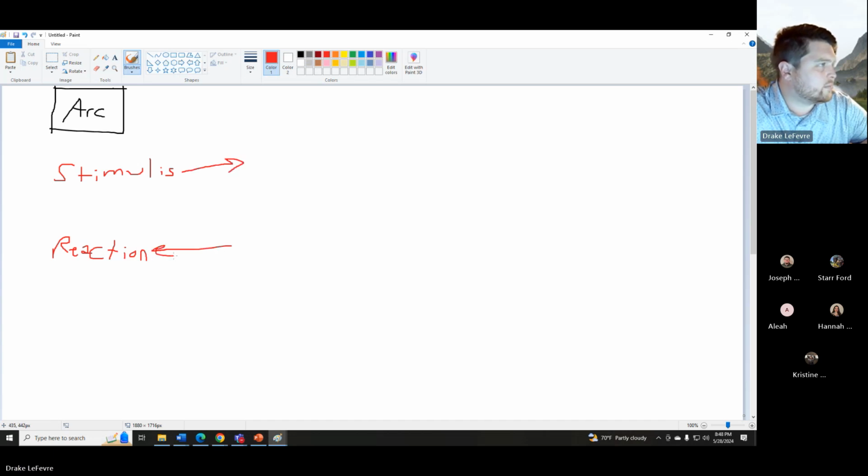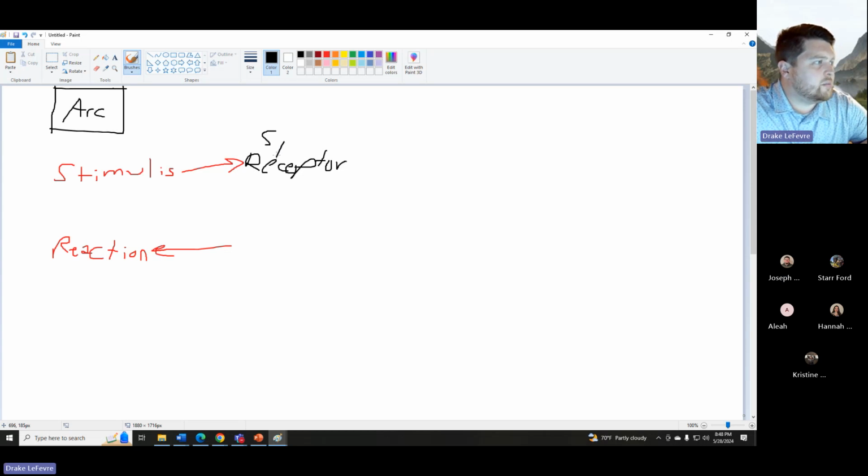Okay? The reflex arc starts with our receptor, the main receptor that we're talking about. Inside of the muscle belly, what's the name of the receptor that measures the speed of our contraction and the length of the muscle?